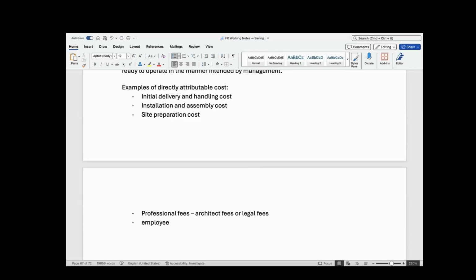Also, if you incur some employee benefits that are directly attributable to the acquisition of the assets, in the sense of employees you pay salaries who were directly involved in the process of buying the assets, you will need to add the costs as part of the cost of the assets.